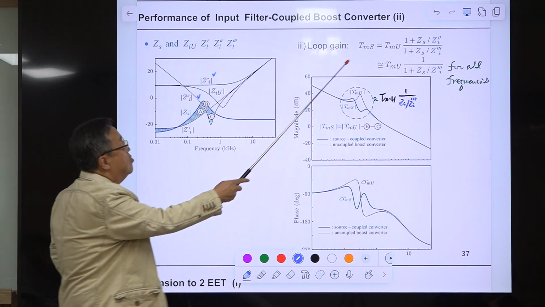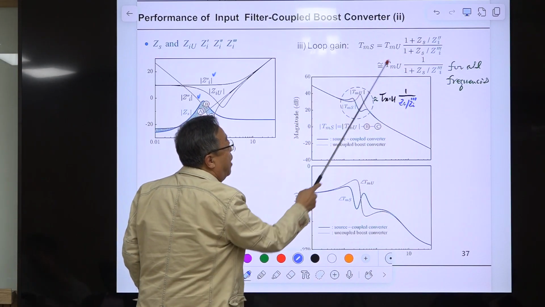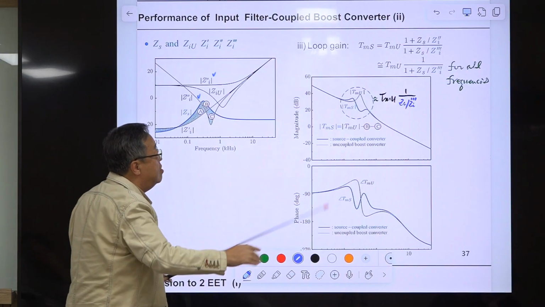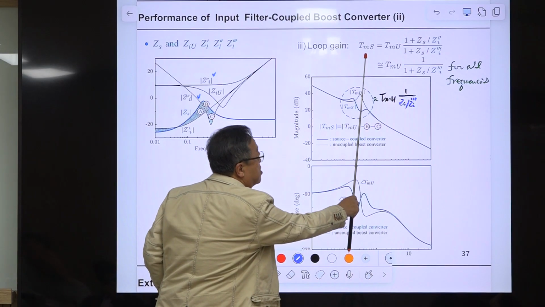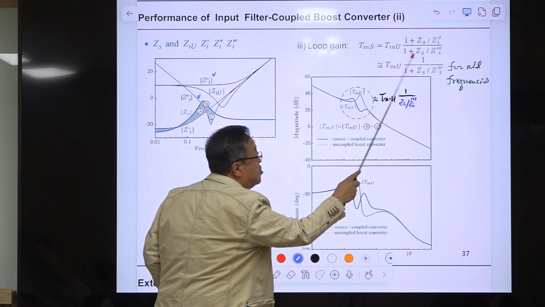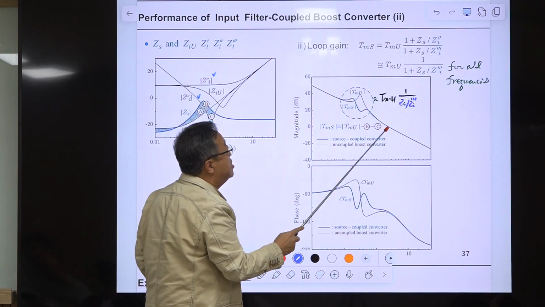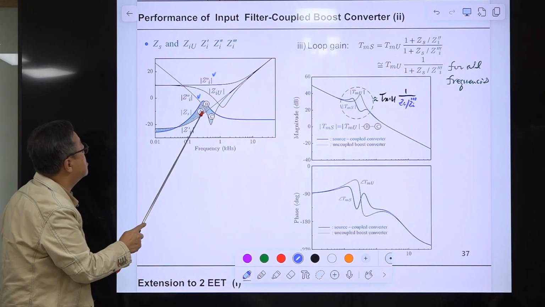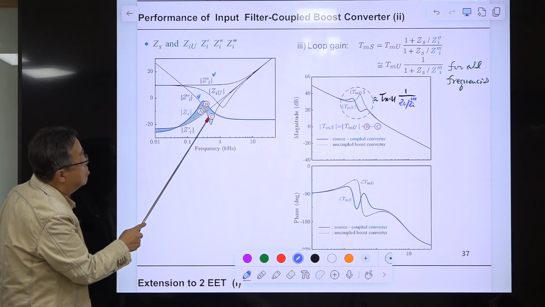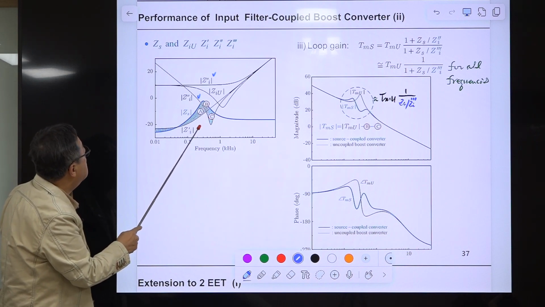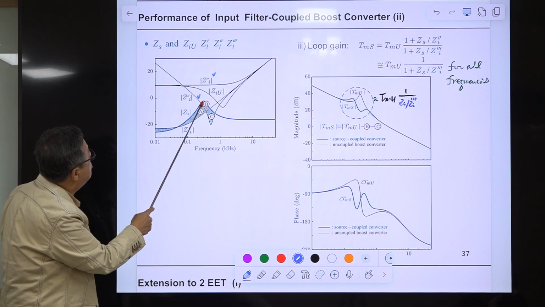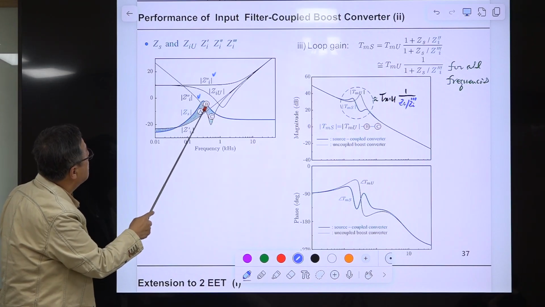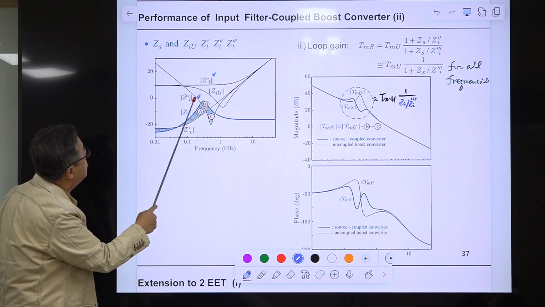So you ignore this, and this is valid for all frequencies, but for these frequencies and these frequencies, this can be ignored. But in the middle frequency range, this is larger than, which one is this? GI triple prime. This one is larger. GS is larger than this one.